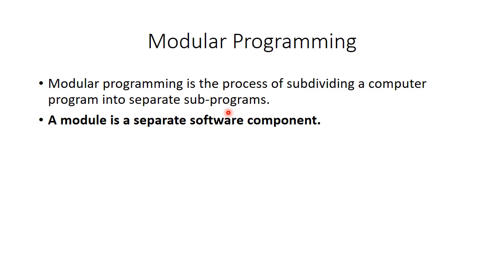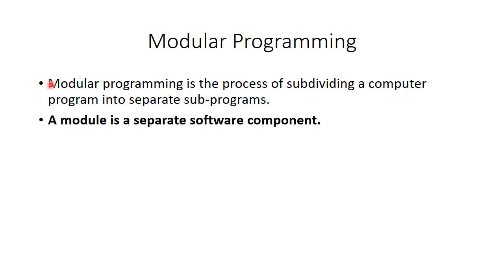So if you are writing a program, instead of writing every line of code in a single main function, in the case of the C programming language, we are going to split that entire program into different modules, or we are going to solve a problem as a combination of different modules or subparts. Each of those subprograms is known as a module.